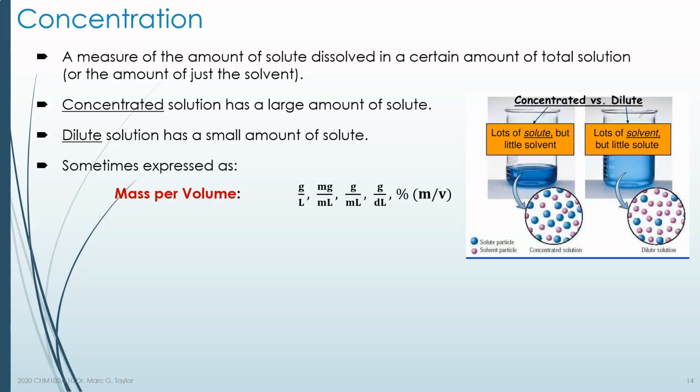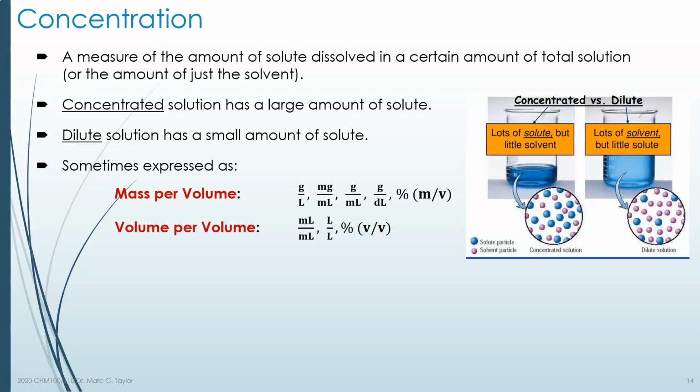And then one more unit of mass per volume is the percent mass to volume. And this is a measure of the mass divided by the volume of the solution turned into a percent. And we'll talk about that in another slide. We also have volume per volume units.